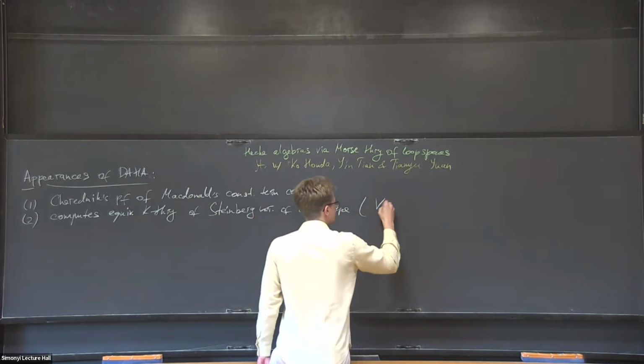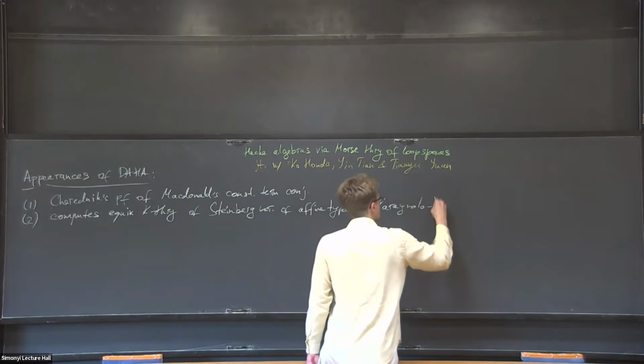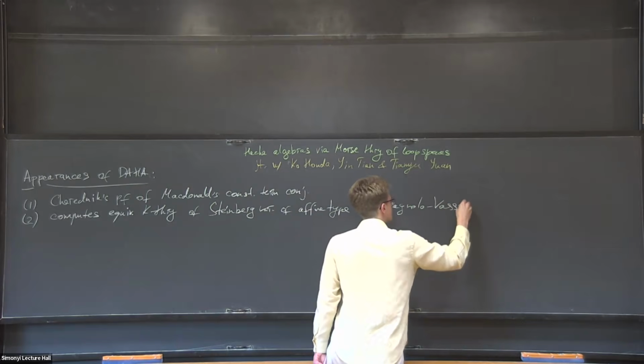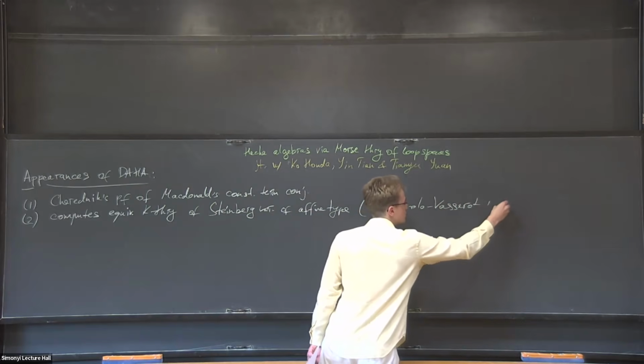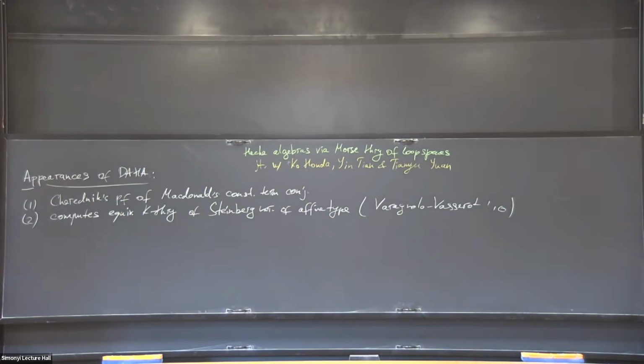This is a result of Bezrukavnikov and Varagnolo–Vasserot, which generalizes the more classical result of Kazhdan and Lustig in the standard case, where the affine Hecke algebra computes the corresponding K-theory.